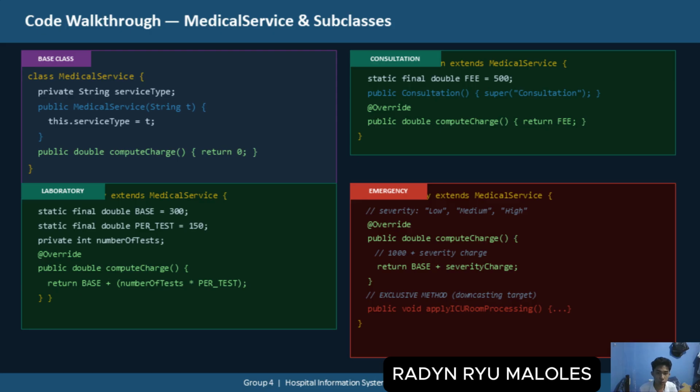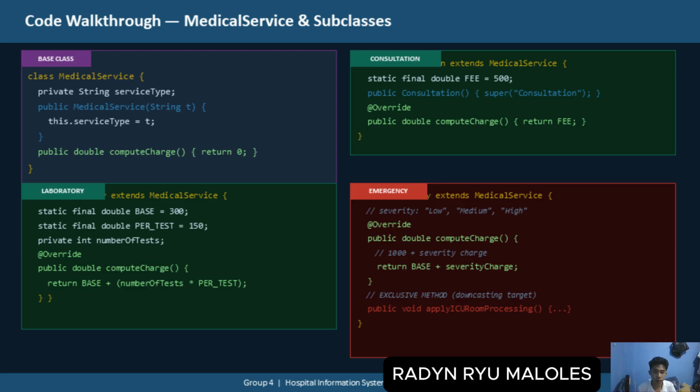So for the walkthrough, let's take a look. This is the translated code. We have a medical service class which establishes a generalized compute charge method that initially returns zero. Our consultation class overrides this to simply return the static final fee of 500.